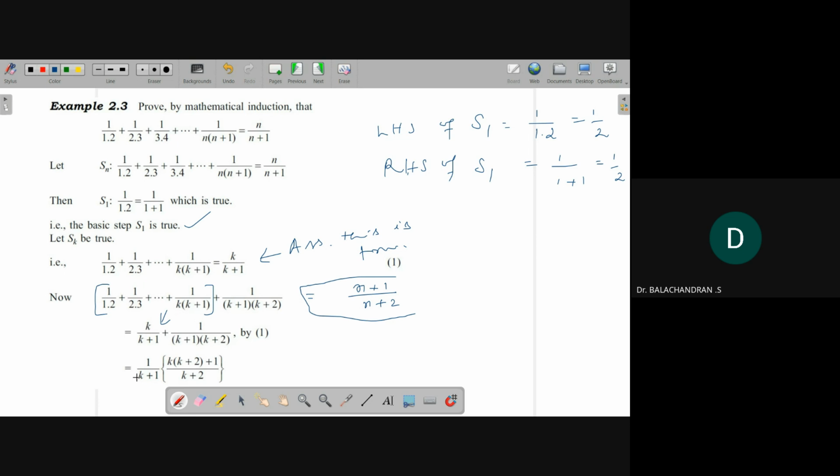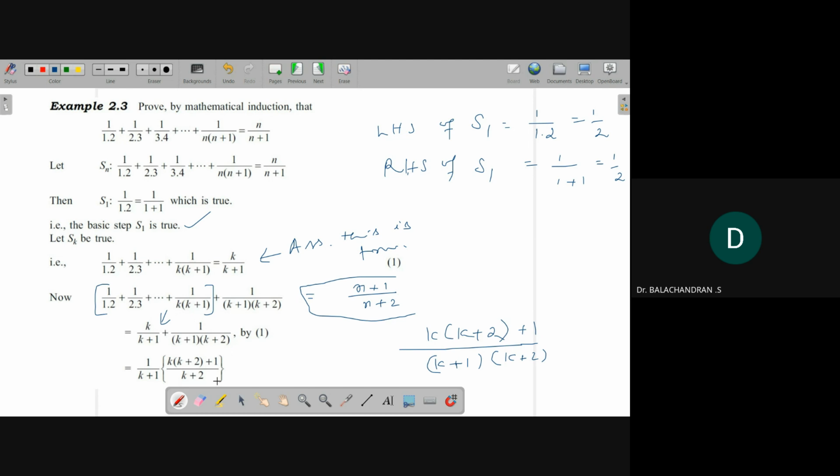Or otherwise, first we take the LCM and then take it out. If you take LCM, you'll get k plus 1 into k plus 2. Then k into k plus 2 plus 1.